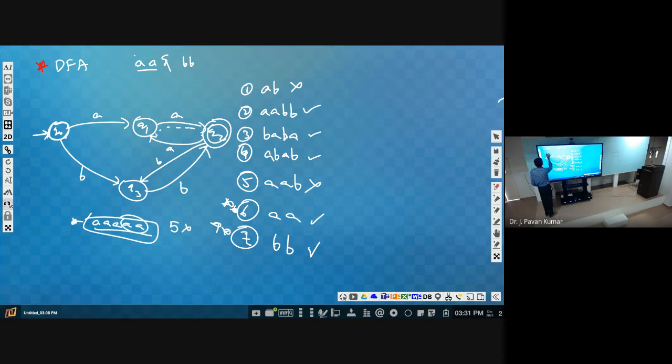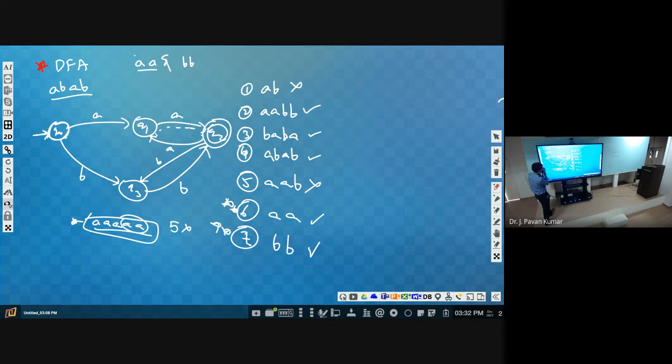Okay, fine. Now let us consider we are having AB. It should be accepted or not? AB should be accepted. Now are we considering that? AB is not being accepted here.